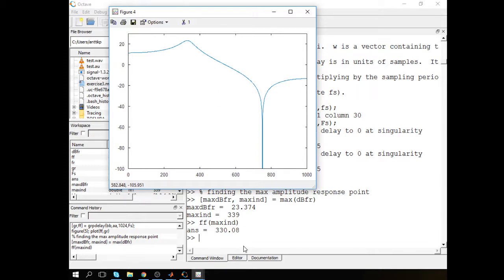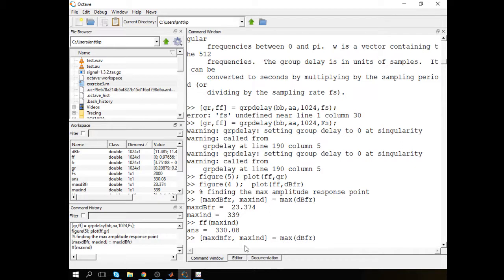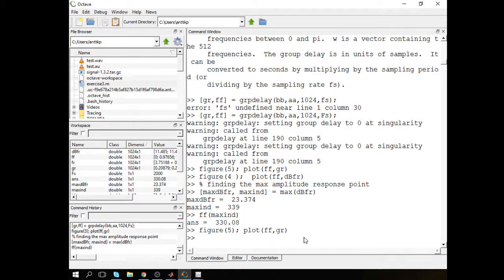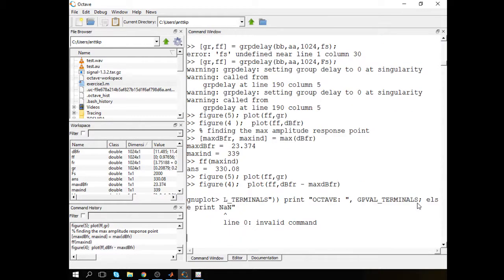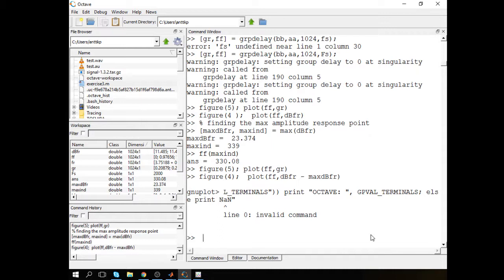Okay, meaning on this figure, the amplitude response should look like, not like that.